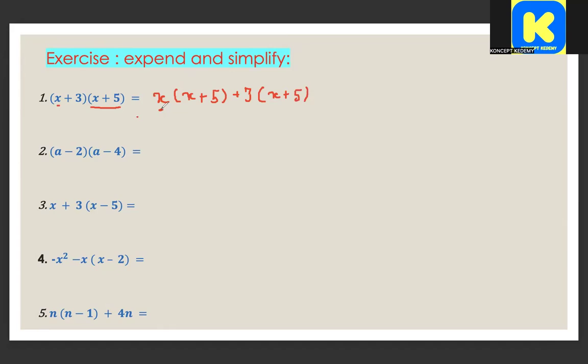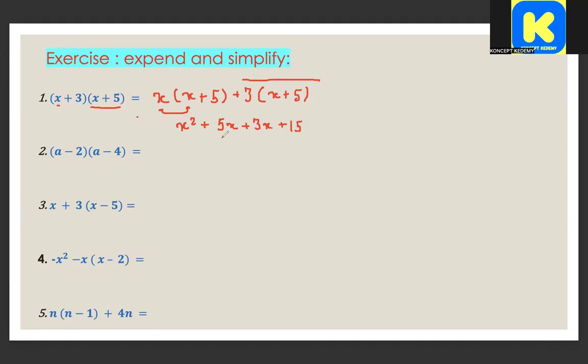Now, when we use the distributive property on this, we multiply this way: x into x will become x square. 5 into x will become plus 5x. Then this 3 into x, now we are using the distributive property on this part. 3 into x will be 3x, both are positive, so plus 3x. And again 3 into 5, both are positive, so positive 15.